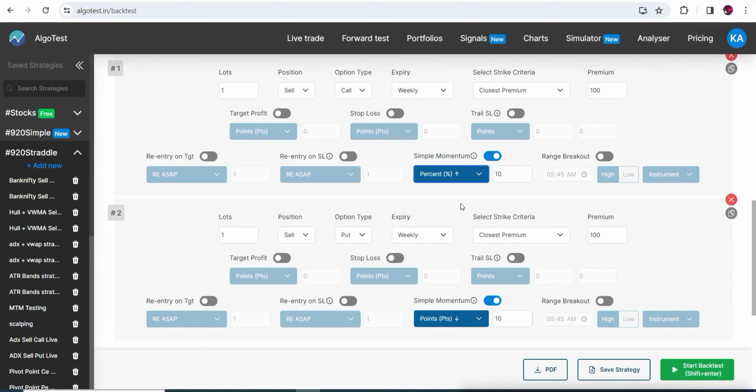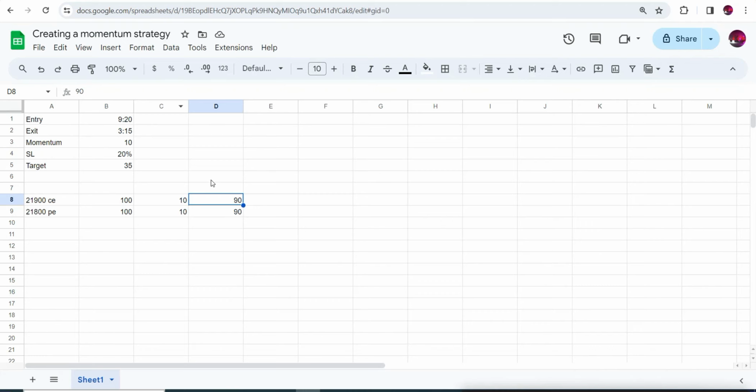Now, if we select percentage here, how does the percentage feature work? The percentage feature simply selects according to percentage. Assume I select 20 here and 20 here. It means 20%. It has selected the 100 rupees premium at 9:20, and 20 percent of the 100 premium is, let us calculate, 20 points.